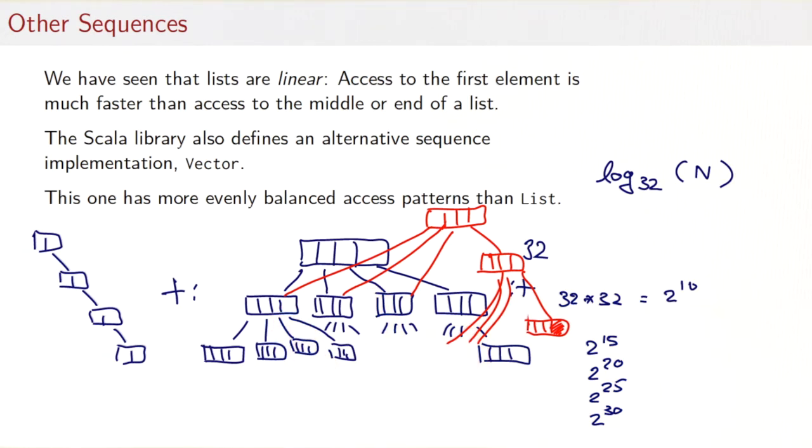So if we analyze the complexity of that, then we see we have to create a new object, a 32 element array, for every level of the vector where we did the change here. So in our case here, 3 of these arrays would be created. Not as efficient as changing a thing in place, but we get something in return.